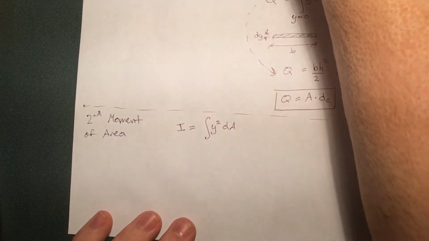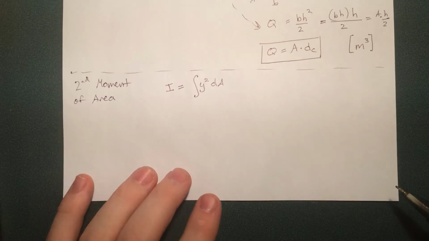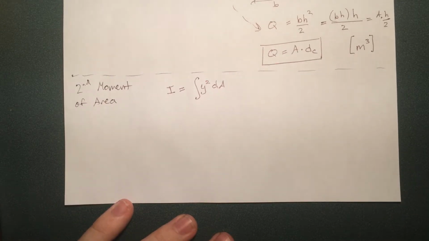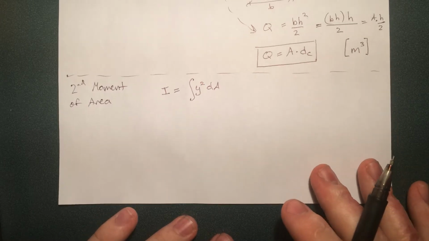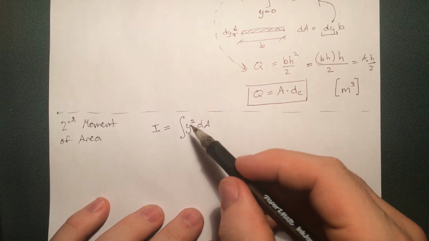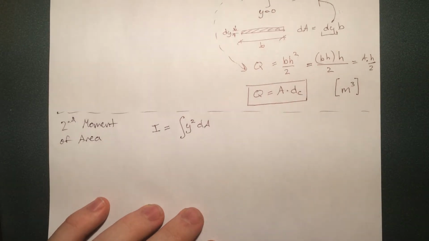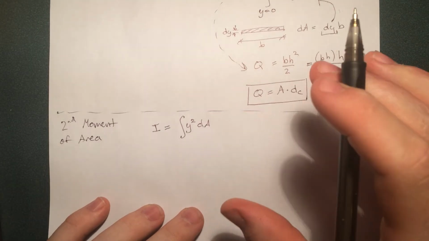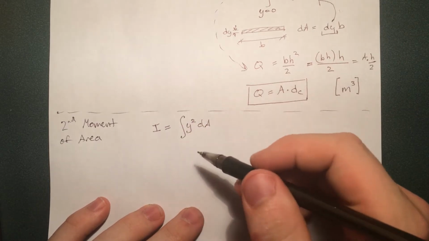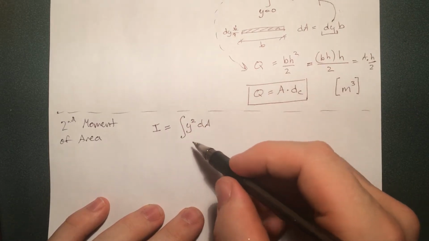Now this is very key in bending of beams, and in a lot more things, also in shear force in beams, but in that case Q is also going to be in the shear force of beams. But I is a very important concept in engineering. It basically gives you how much resistance to twisting an object has. Like if you remember from your physics, you might have used moment of inertia.